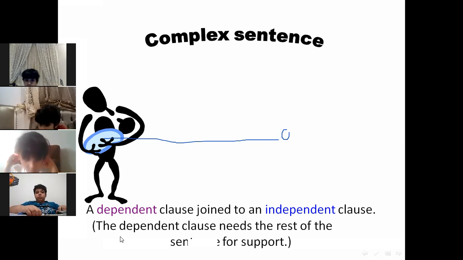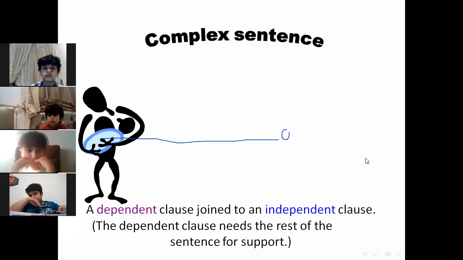The dependent clause needs the rest of the sentence for support. It's dependent. It's like the baby. It cannot stand alone. It needs someone to support it, right? The baby needs someone to support it. He cannot stand alone, right? Even the dependent sentence is like the baby. It cannot stand alone.